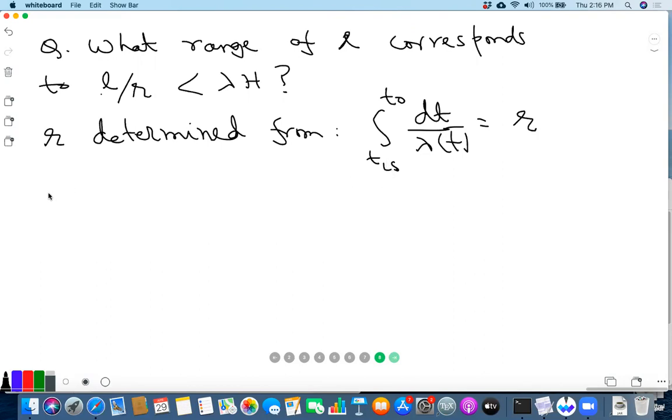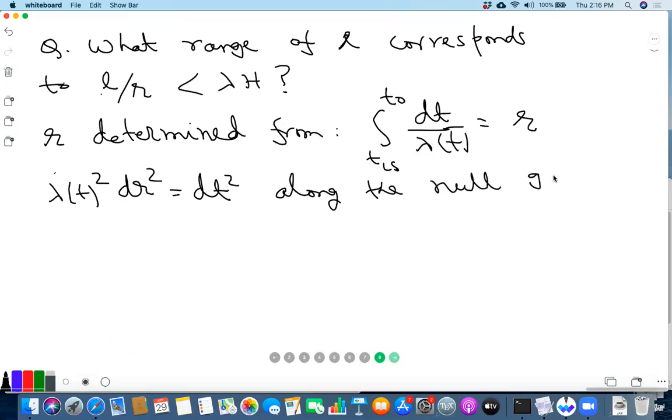And that follows from the fact that lambda t square dr square equal to dt square along null geodesics. Okay, this is the light travel path. So you just integrate from the time of last scattering to today's time. That's how you get this relation.